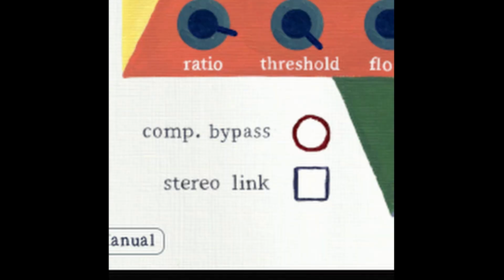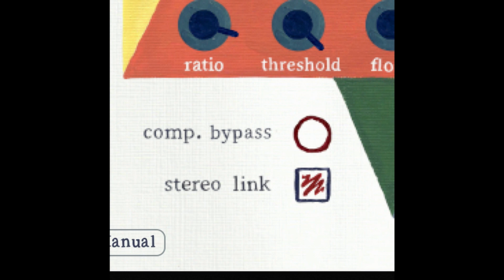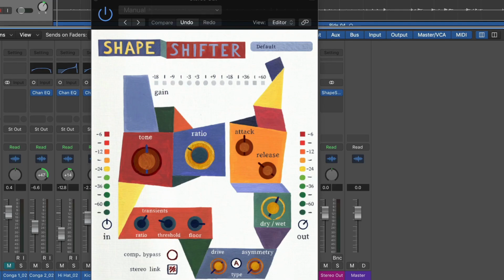I dig that the compressor can have the left-right channels trigger compression independently or be a stereo sum average to set off compression. That's a feature I like to use on the mix bus, so I'm glad it's here.